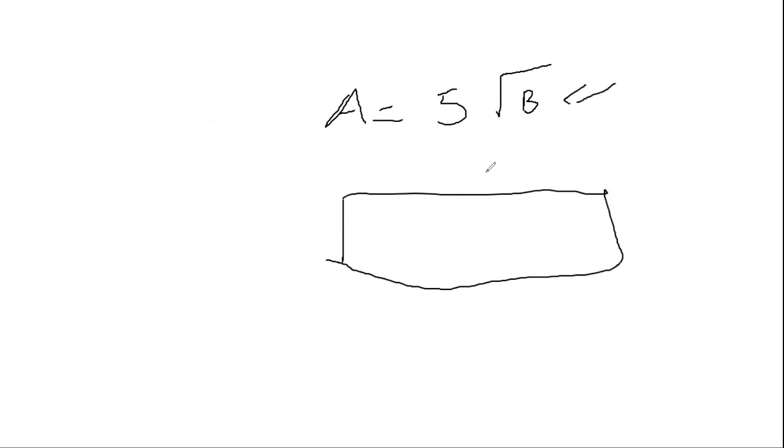B has the uncertainty. So changes of A over A equals, anyone? Half. Half changes of B over B. Yeah, correct, change in B over B. So the numbers won't be involved in uncertainty.